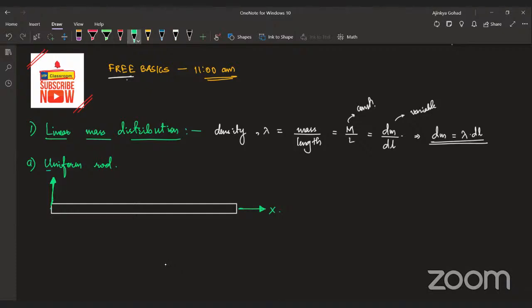Now for a uniform rod, lambda is going to be a constant. But since I want to break it down into small point masses, I'll have to choose an element which is, from this end, let's say at a distance x, a small element of thickness dx.